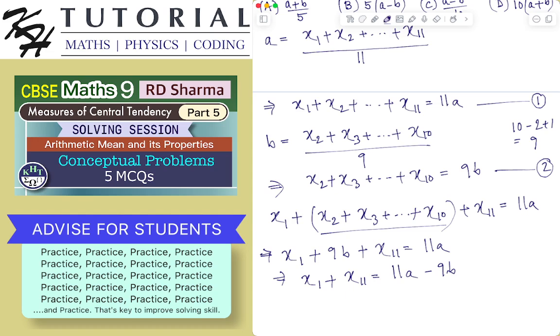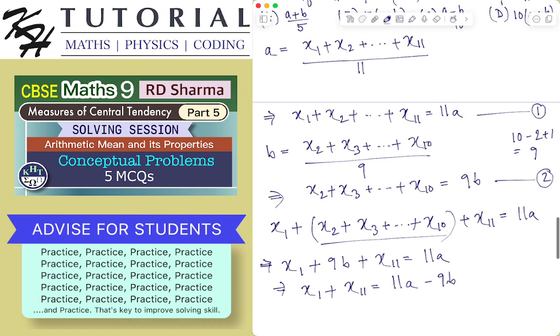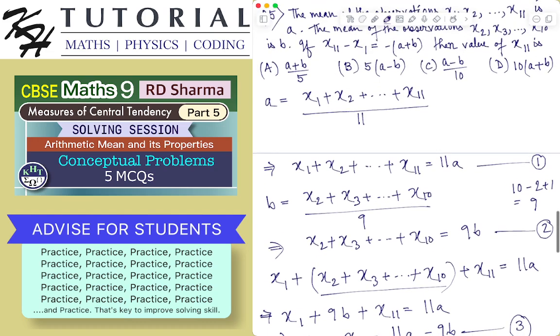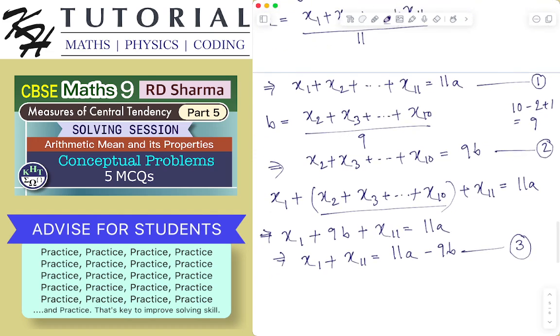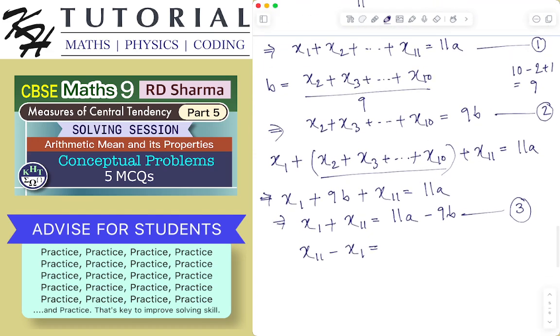I got an equation relating x1 and x11. Let's say this is equation 3. Also it is given that x11 minus x1 is a negative of a plus b, which is minus a minus b.